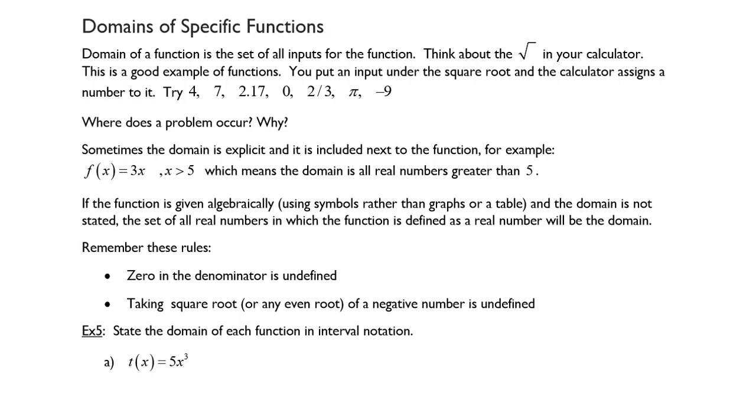You put an input under the square root and the calculator assigns a number to it. Try putting a 4, a 7, a 2.17, etc. into that function. If you put 0 in, you'll get a 0. What about 2/3? See what happens if you put a -9 in.